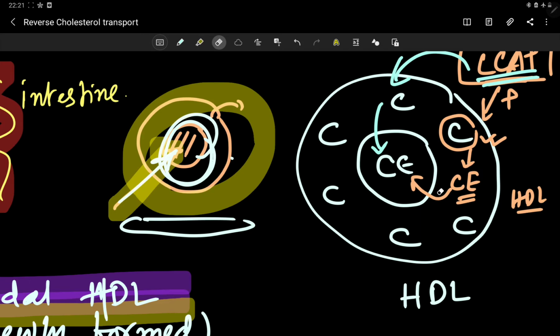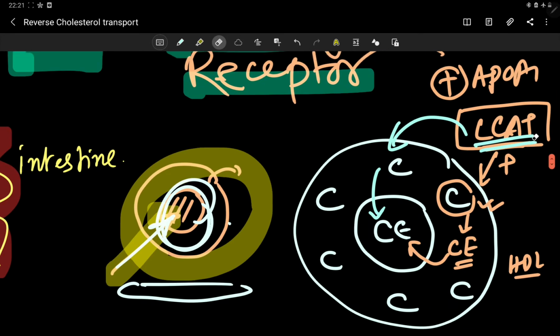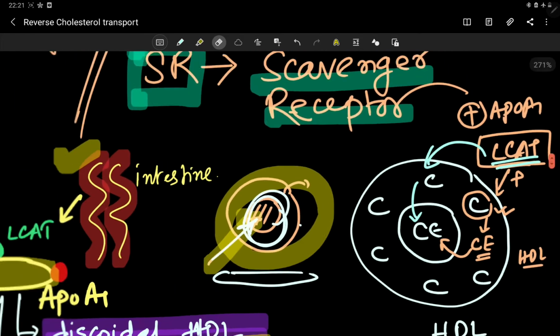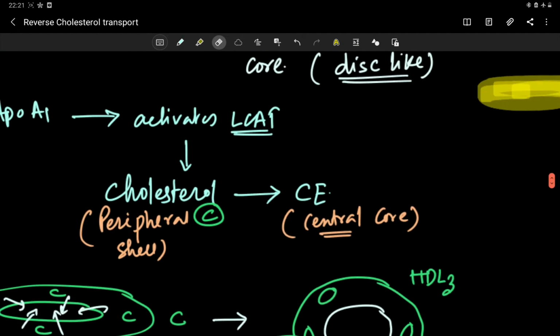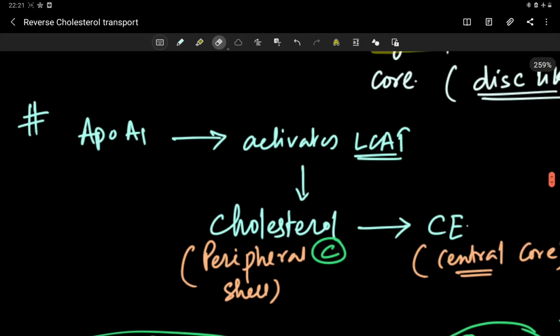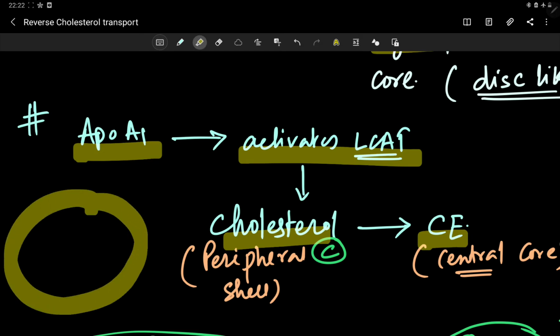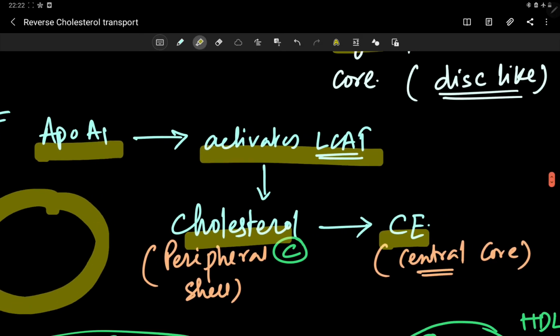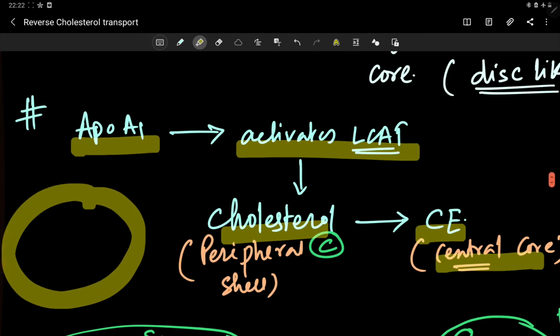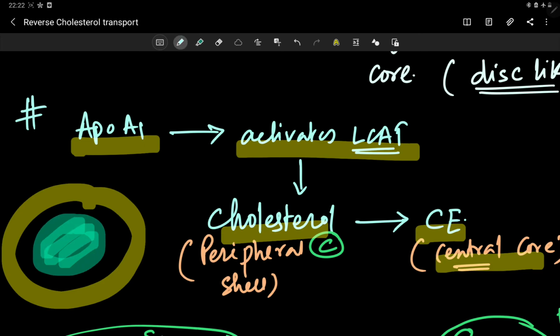Because the content of cholesterol ester increases within this HDL due to the action of your LCAT enzyme. Okay, so I think you understand this. What I told is, ApoA1 activates LCAT, converting the cholesterol present on the peripheral surface of the HDL into cholesterol ester, which is present in the core.